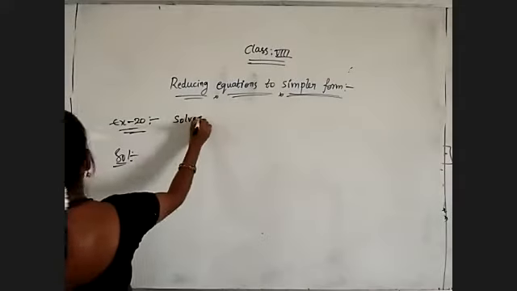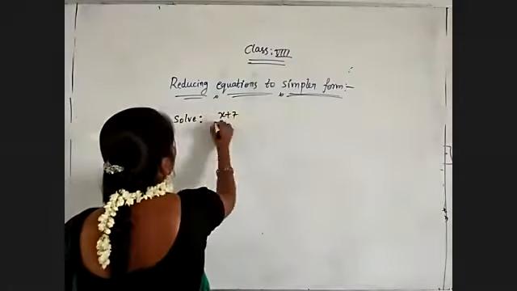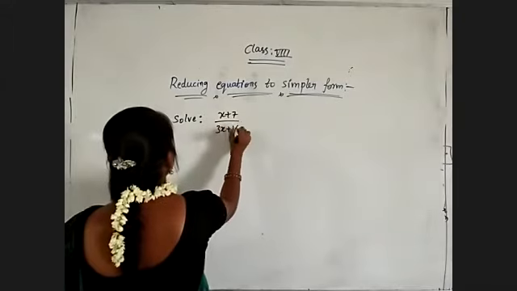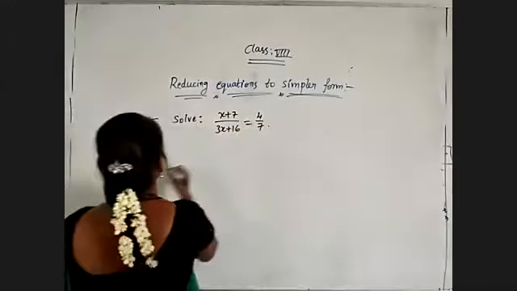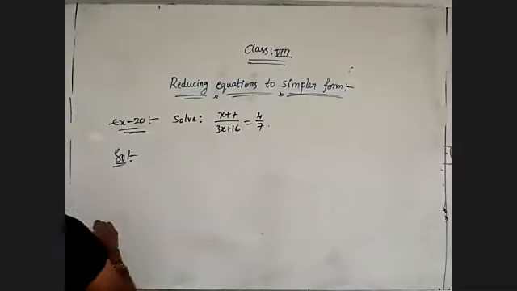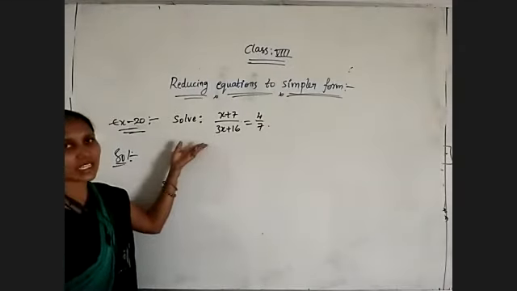Solve (x + 7)/(3x + 16) = 4/7. So my solution is, as I just told you, go through with the cross multiplication and simplify.